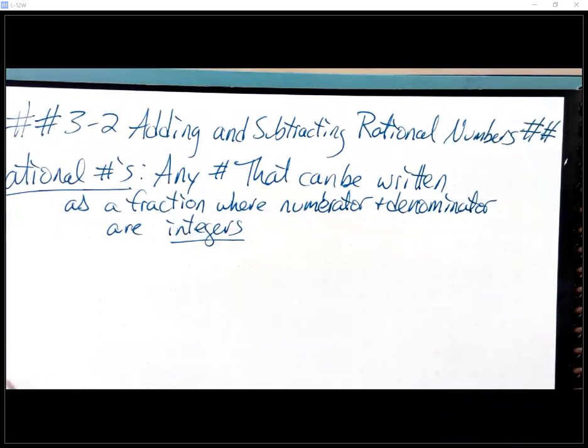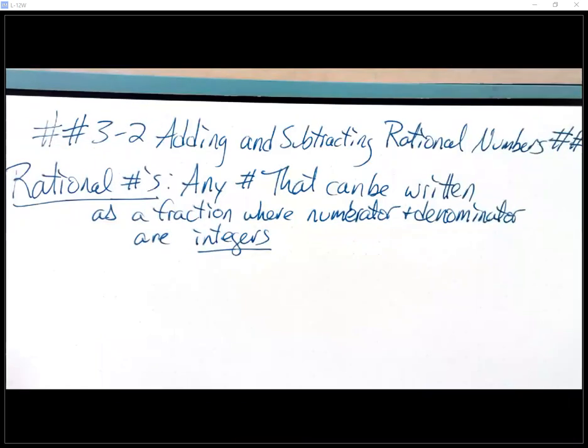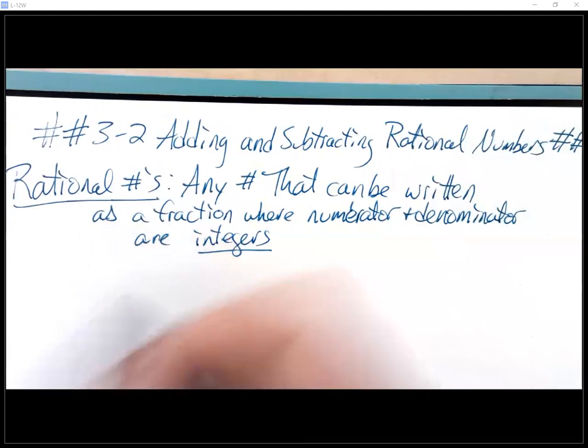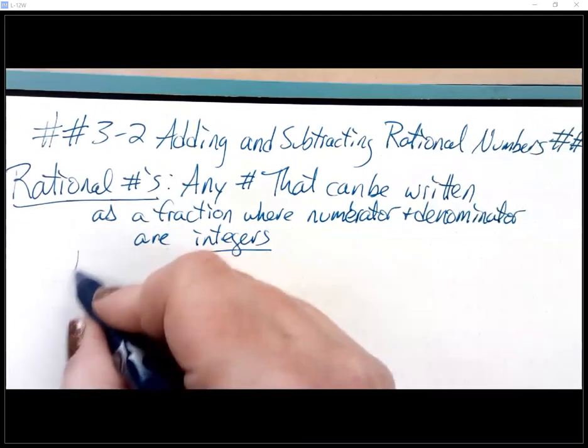We've already talked about some of these definitions. I just wanted to refresh your memory. So I'm actually going to make a list of what types of numbers are included.